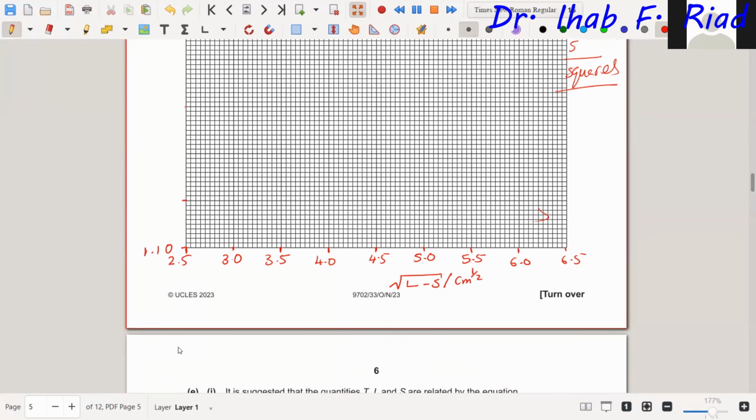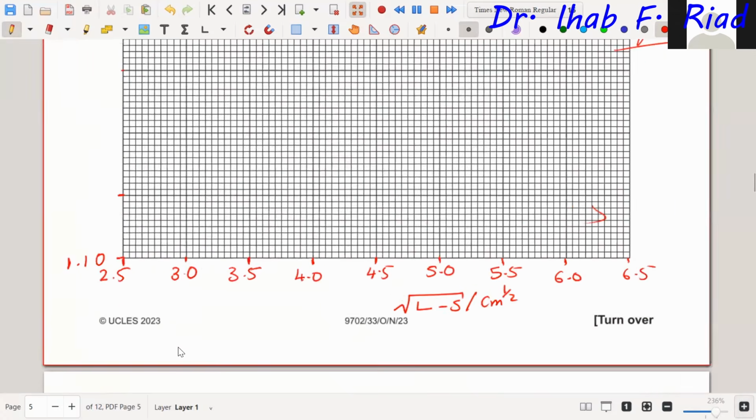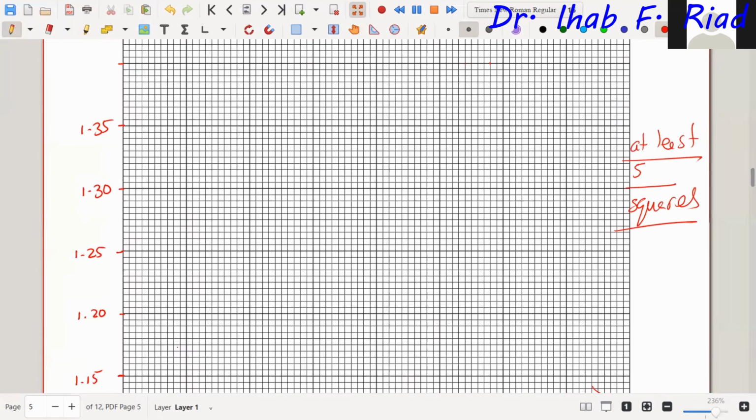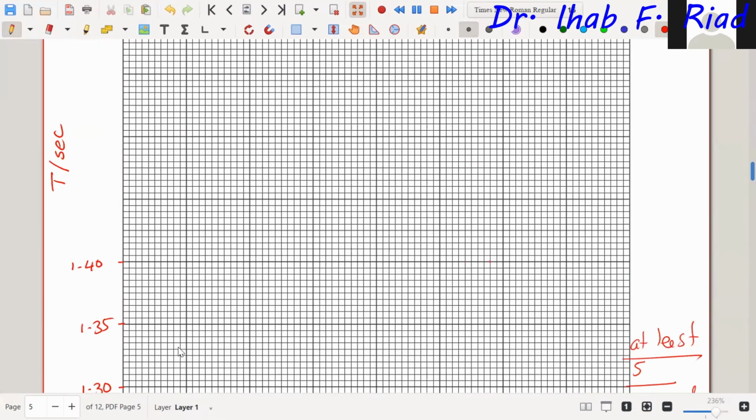What is going to be the next one? 1.15. 1.20. 1.25. 1.30. 1.35. 1.40. 1.45. 1.50. We don't need to go further, right?